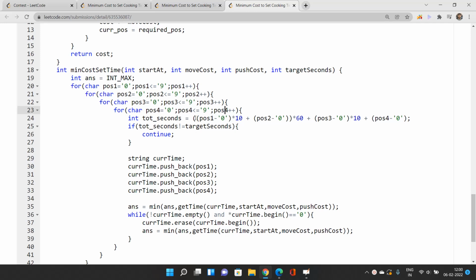Let me explain in other words. This term is actually my total number of minutes, and when we multiply it by 60 it will become seconds, and this term is denoting the seconds. Note that I'm multiplying by 10 to convert into the respective positions.